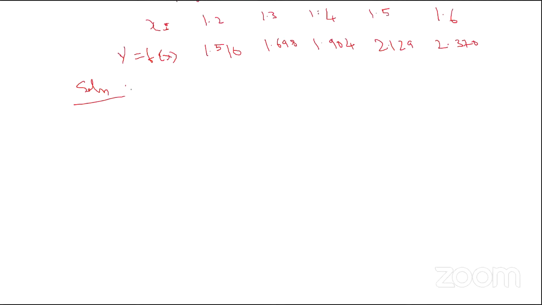Here h equal to 0.1. And we are required to find dy by dx at x equal to 1.4. The point x equal to 1.4 is the middlemost value of the data.